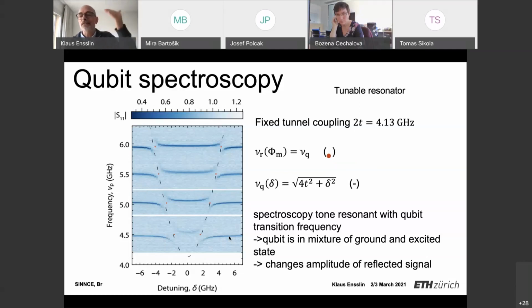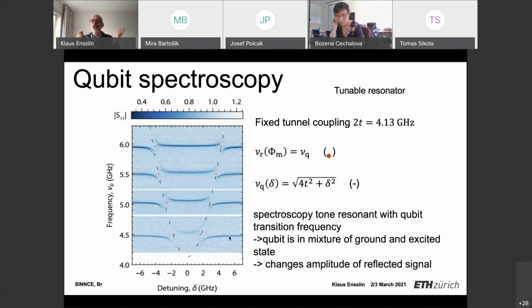Now, in a transport experiment, as I've discussed before, you just measure at the Fermi energy, and you have a small voltage bias maybe, but you always see what's happening at the Fermi energy. Now we have access with a microwave photon, and this particular SQUID array resonator that I mentioned can be tuned in frequency by tiny magnetic fields, because the SQUID loops change their impedance as a function of magnetic field.